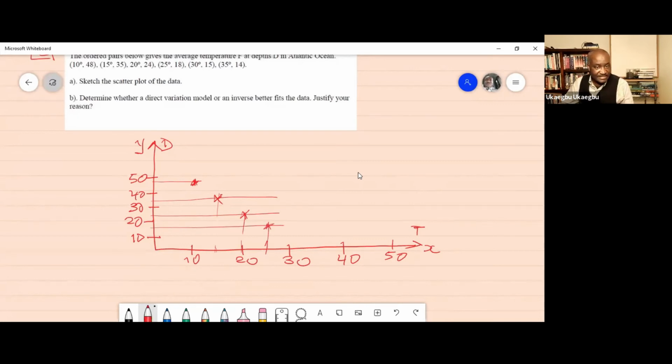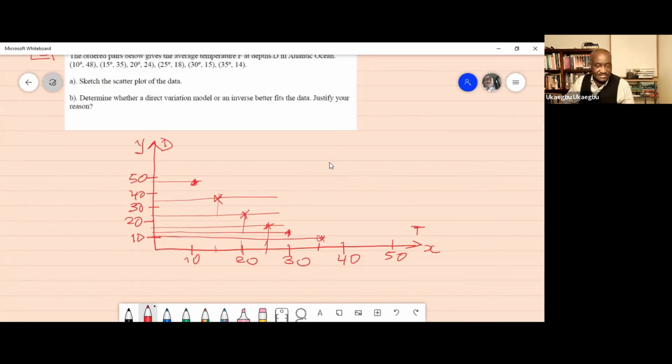Okay. And next is 30, 15. So this is 30. So 15 should be somewhere here. And next is 35, 14. 14 should just be slightly below 15. And 35 is here.